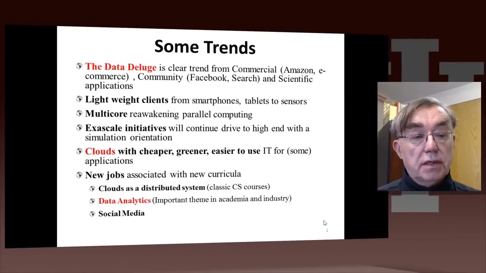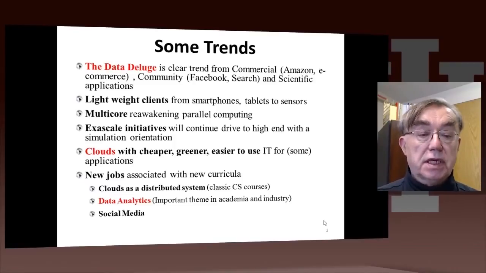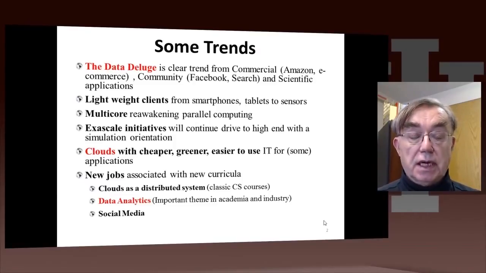The data deluge is used on lightweight clients, which are of growing importance. These lightweight clients are back-ended by clouds, and the clouds themselves will use multi-core chips to do the processing of data which gets delivered to these clients.